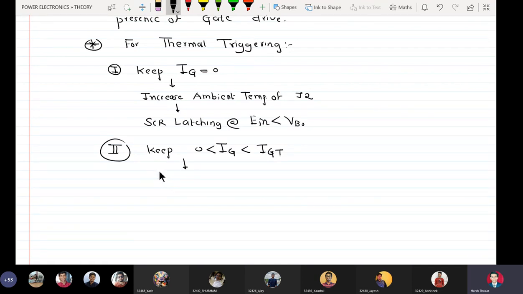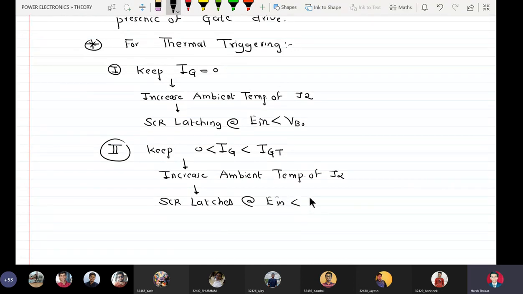Then increase the ambient temperature of J2, and we will see that SCR latches at E in less than VBO, provided IA is greater than IL.